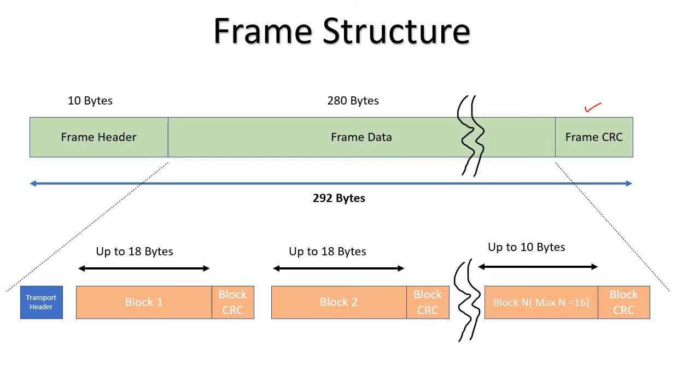So if you see, there is a lot of CRC checking happening on the data being transmitted. The frame header gets a CRC, each block of data gets a CRC, and the overall frame also gets a CRC. So it should be nearly impossible for bad data to go undetected with all of that error checking.